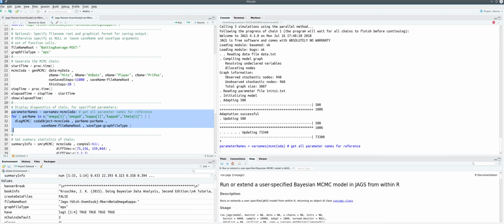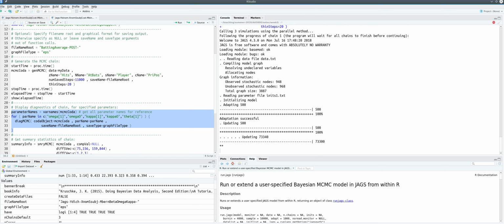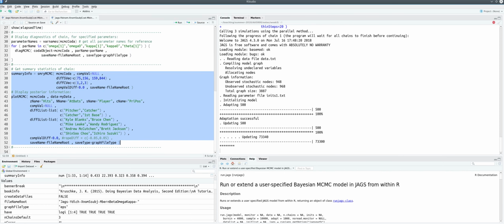At this point, let me talk about the use of the z instead of y over there. And another thing to keep in mind is that we are using a binomial distribution as opposed to a Bernoulli distribution. This was explained on page 249 under the section titled Speeding Up JAGS.